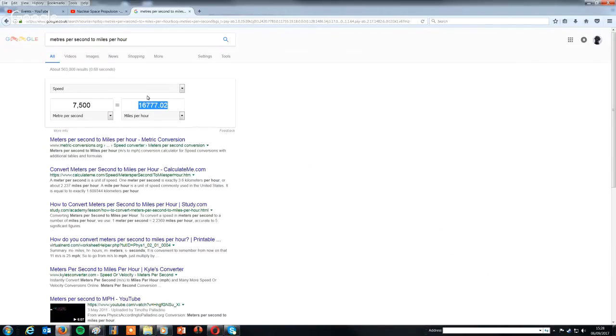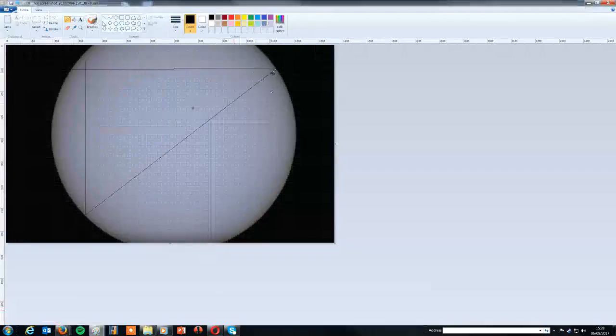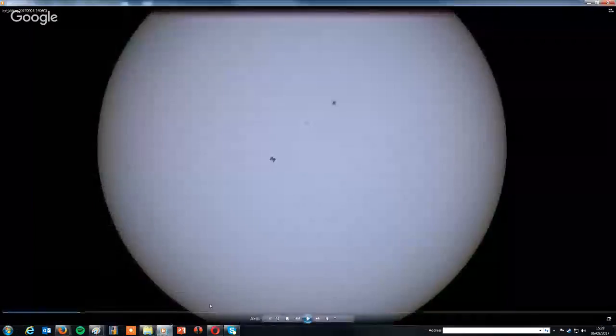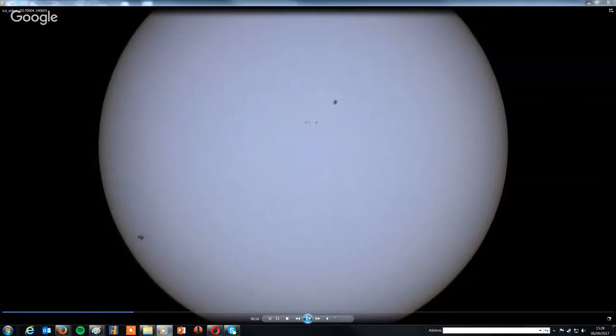So I'm not trying to say this is the ISS, it's up there. This is just from basic mathematics, from what that video was showing. I'm going to play it again, actually. It shows the speed that this thing is going, if we take this video as being from a genuine source, who's to say?